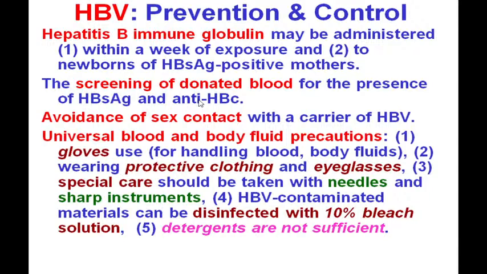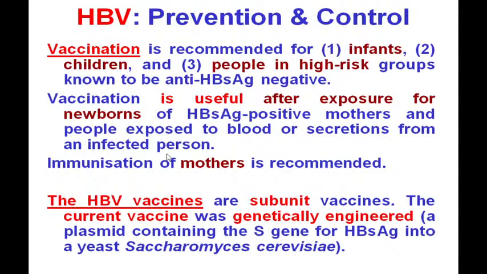To reduce the risk of transmission through blood, screening of donated blood is usually performed. And I would like to draw your attention to vaccination. I hope now all of you are vaccinated. Otherwise, you have to get this vaccination as soon as possible.